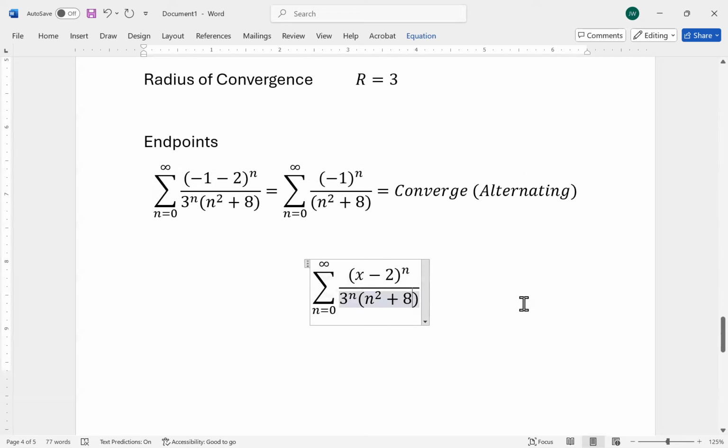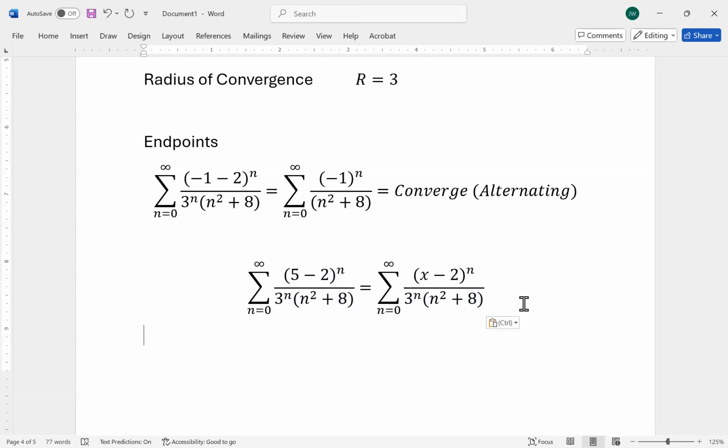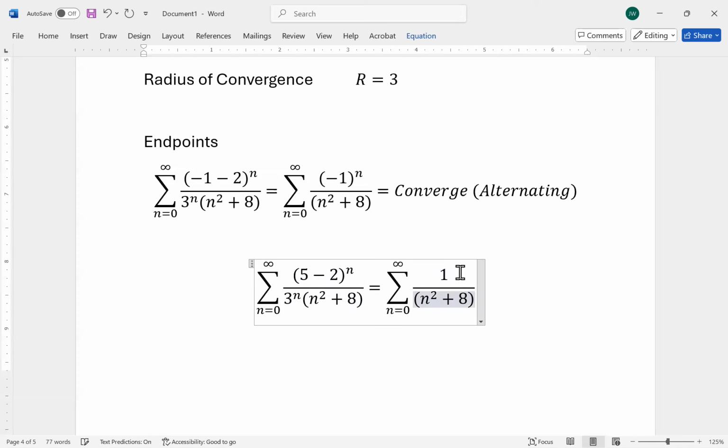What's going to happen when I plug in a 5? When I plug in a 5, I get 5 minus 2 to the nth power, so 3 to the nth power on top, and I'd have a 3 to the nth power on bottom. Those will cancel each other out, and I'll just be left with 1 over n squared plus 8 summed up from 0 to infinity.